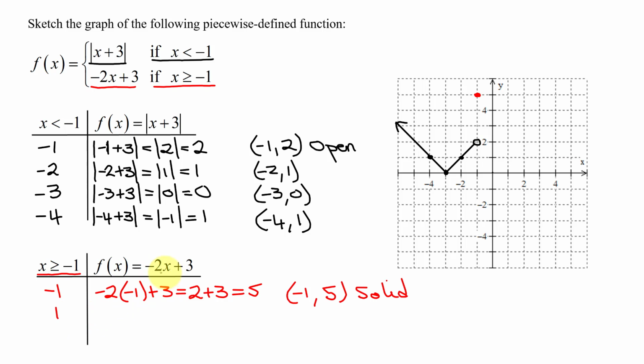So my function is going to equal negative 2 times x, which is 1, plus 3, which is negative 2 plus 3, which is 1. So that is the point 1, 1. And so now I can graph that point. 1, 1 is here.